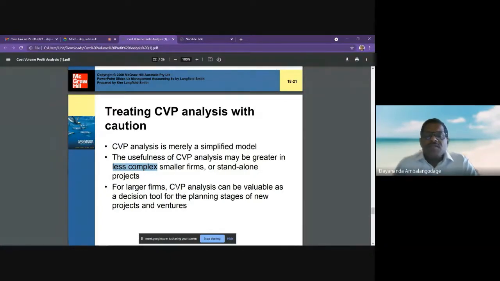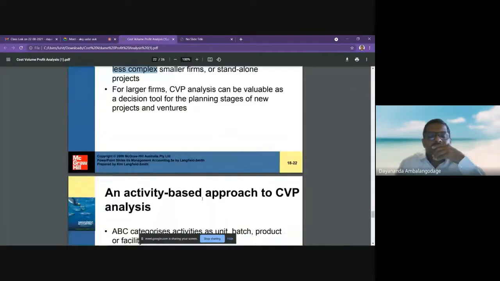For large firms, CVP analysis can be valuable as a decision tool for the planning stage of new projects. Even for large firms, when you are doing the planning, what will happen, what is the next month's sales target, what is the next 3 months, 6 months, likewise. So for the planning stage, of course, this will be useful.